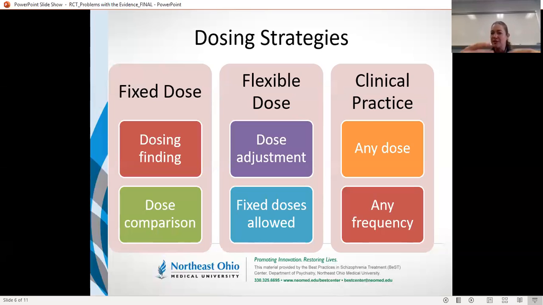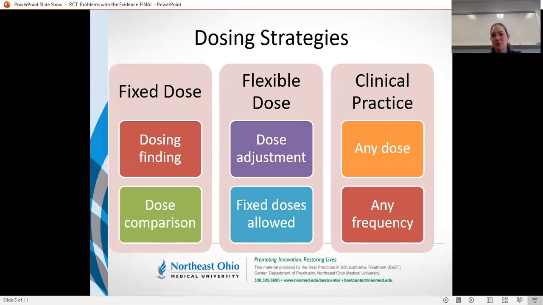It allows for some degree of change, but it's not a complete change. So it tends to be in fixed dose increments. So if you can't tolerate 20, we can drop you to 15. If you can't tolerate 15, we'll drop you to 10. But it's very set increments that are there. You're not just allowed to do a 17.5 or something different.